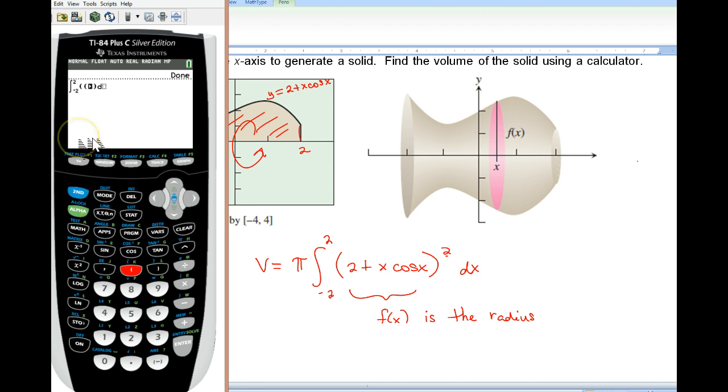No, it has to be outside. So I started a new parentheses, so I put 2 plus x cosine x, close parentheses, another parentheses squared. You probably didn't need the second one. And then times pi. We get about 78.2.